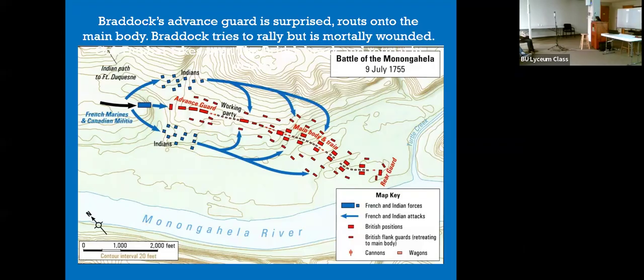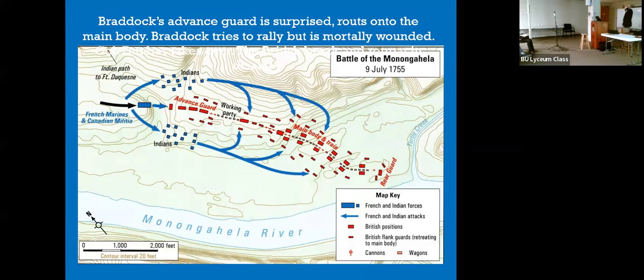Here's the Monongahela River. Braddock has crossed. He's got his advance guard, main body, and rear guard. And the Native Americans and French soldiers attack from the side and from the front. They attack from the front to hold these guys in place, make them stop, make them confront what they see in front of them.